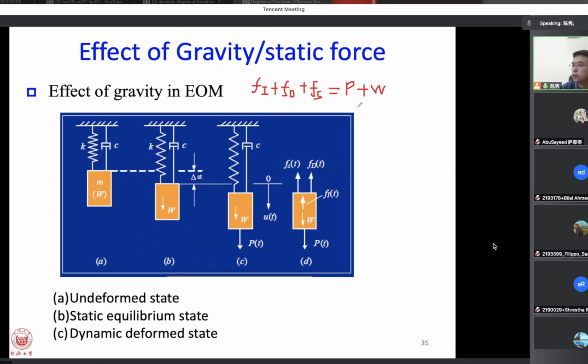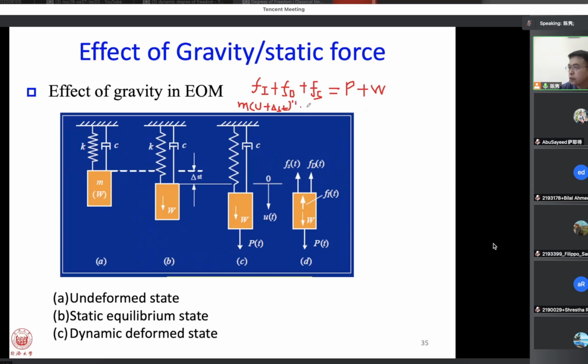Write it. So we have this balance of all the forces, and we can introduce all these things into this equation. For the inertial force, it should be m times the acceleration, which is ü(t) plus delta st, two dots, right?